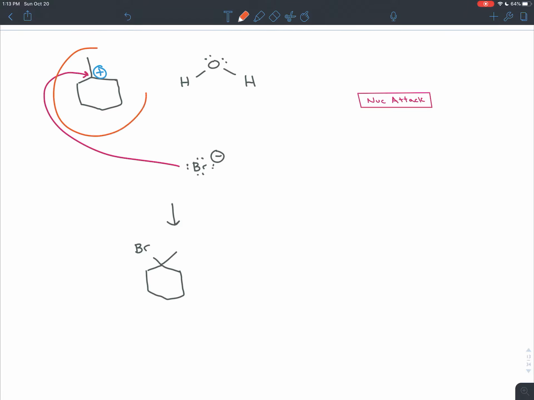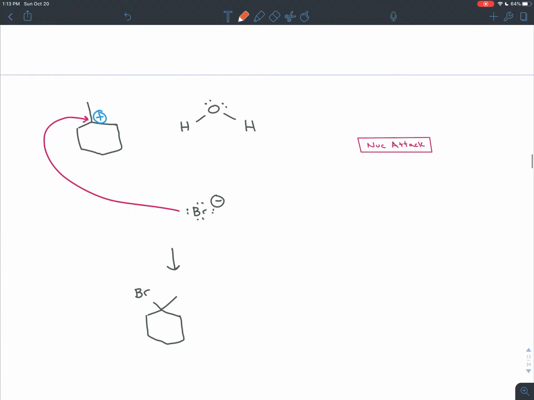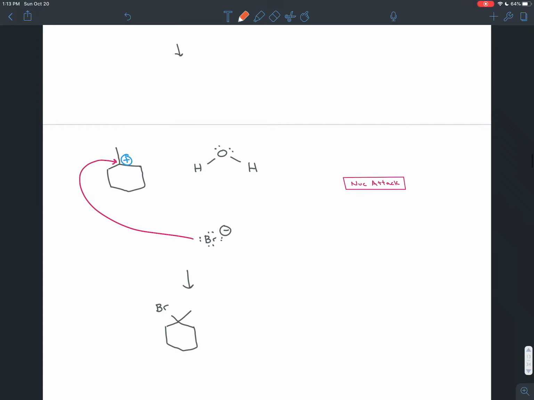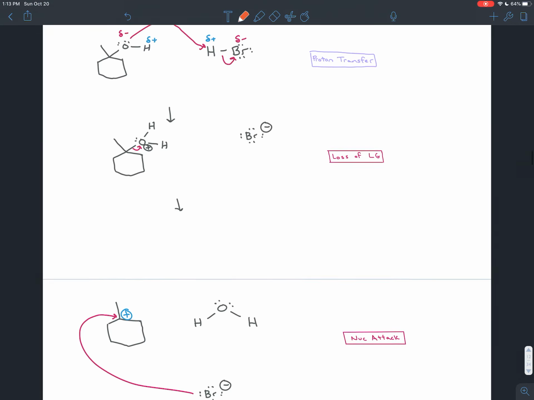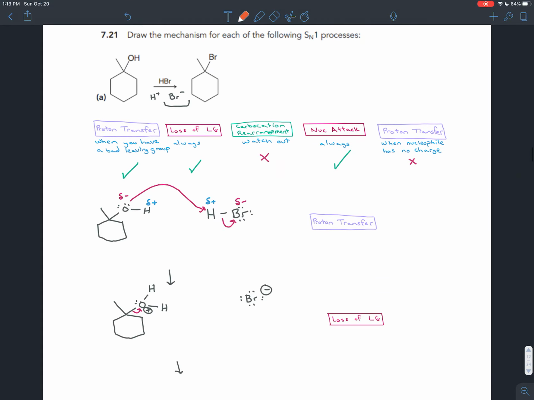Remember that this carbocation intermediate is flat. It's trigonal planar. It's like a pancake. And so then the nucleophile can attack either from the top, giving you one enantiomer, or from the bottom, giving you the other enantiomer. So when you do an SN1 reaction on a chiral center, you always get two products, the two enantiomers. But since there's no chiral center here, we don't have to worry about that.